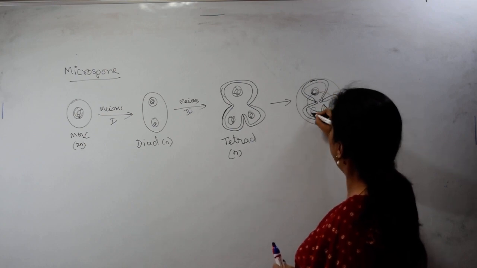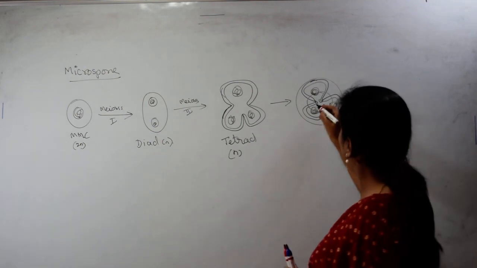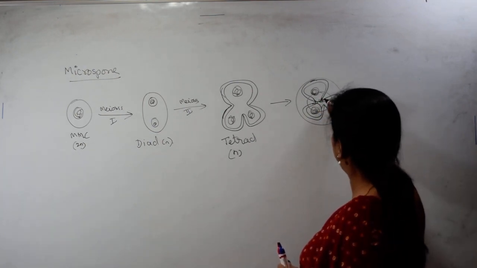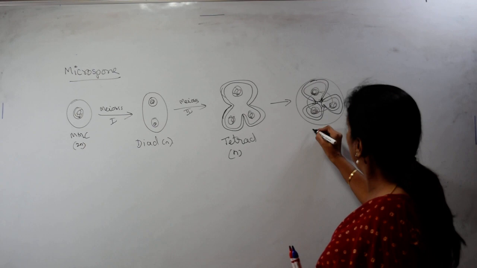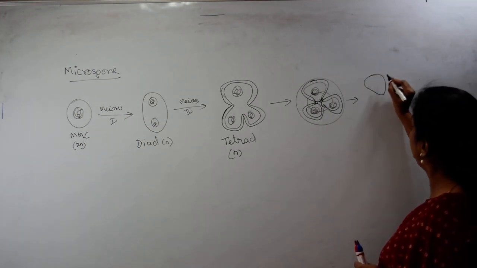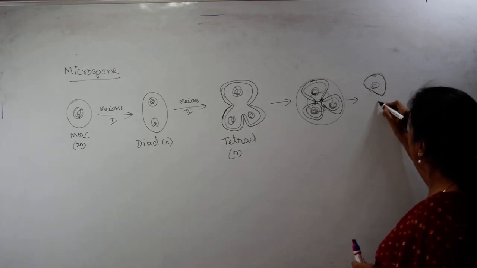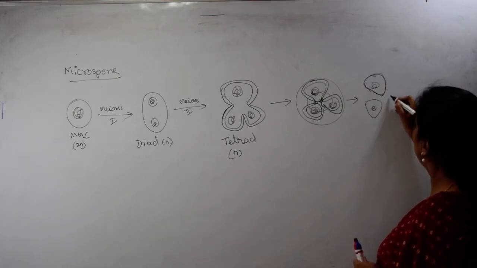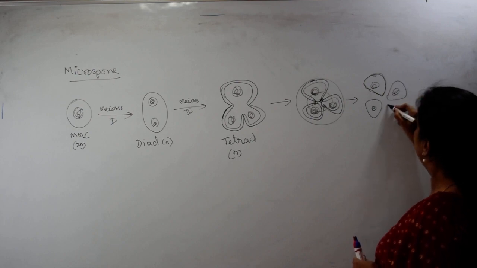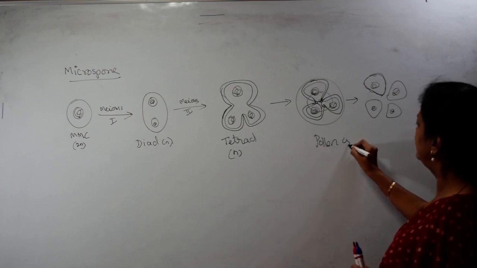The pollen tetrad has the fully formed pollen grains, and they will separate here. Now the pollen grains, when they are released, are of different shapes. They may be of this shape with exine and intine, or they may be rounded, but anyway from one microspore mother cell, 4 haploid microspores are formed. These are the pollen grains.